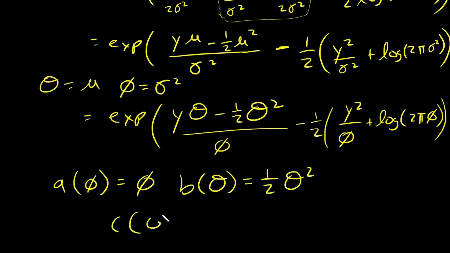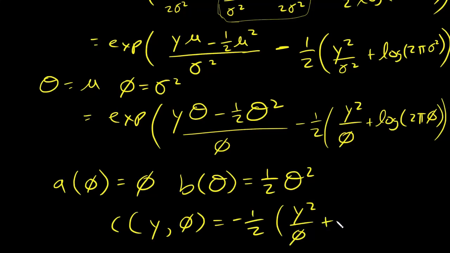Lastly, C of, usually we write y first, y and φ, is this back piece back here, which is going to be this negative 1/2 y squared over φ plus log of 2πφ.